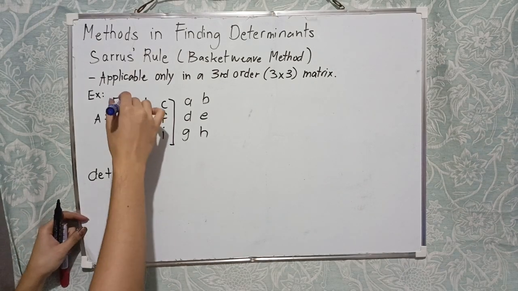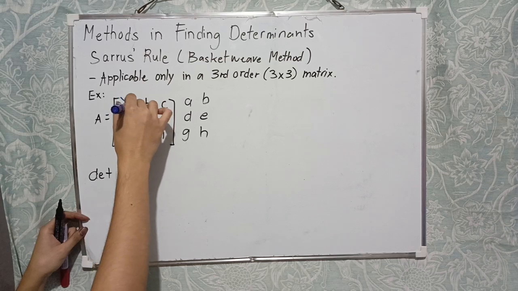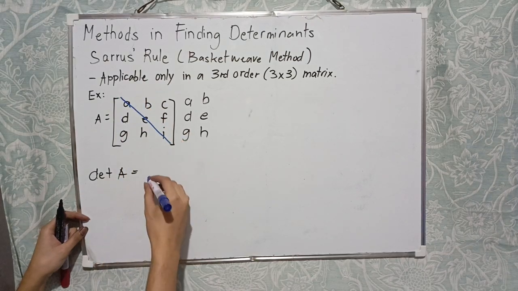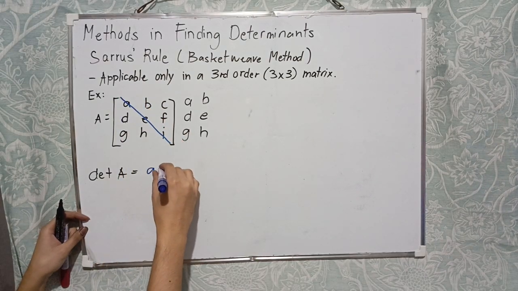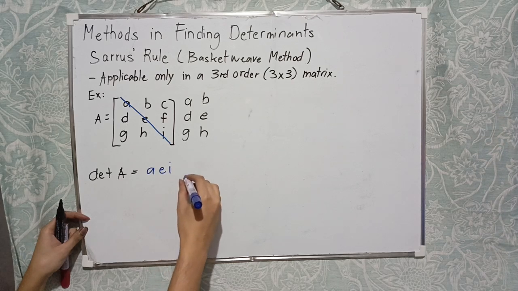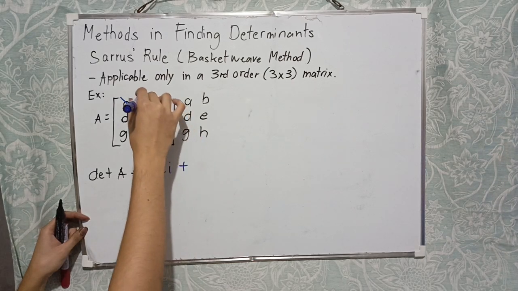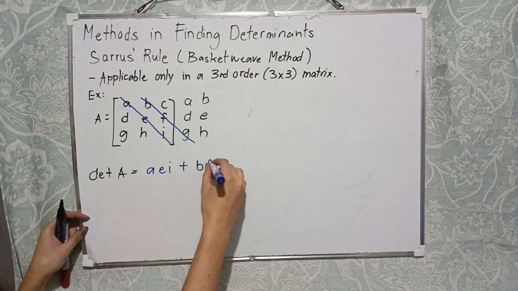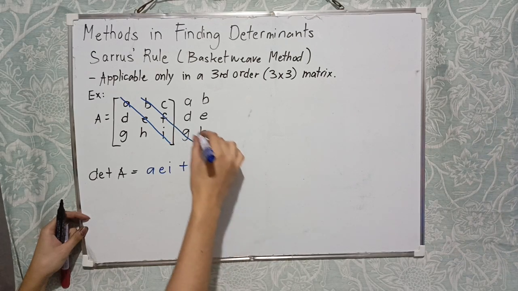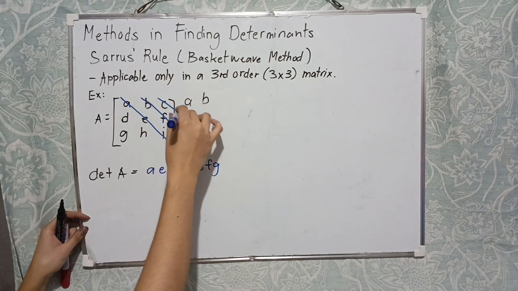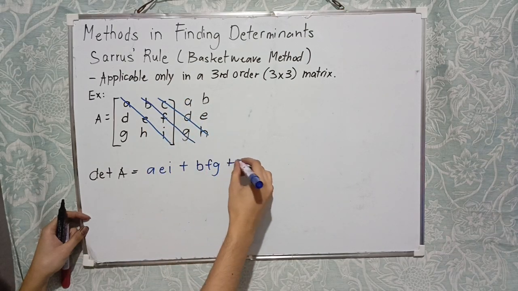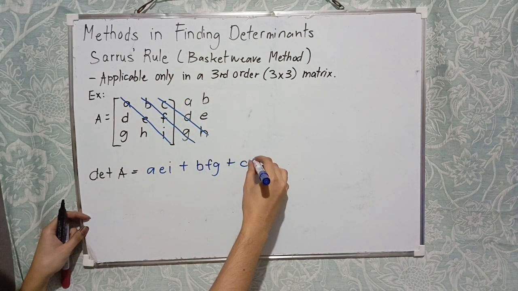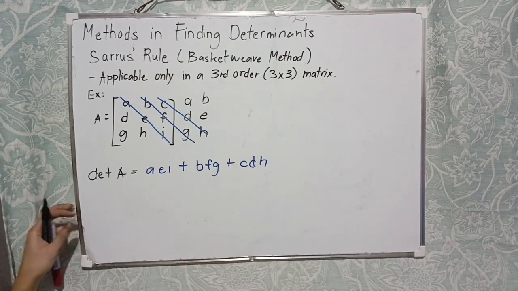Multiply these following elements. So we have A, E, I, plus multiply this, B, F, G, and lastly, multiply this, so we have plus C, D, and H.